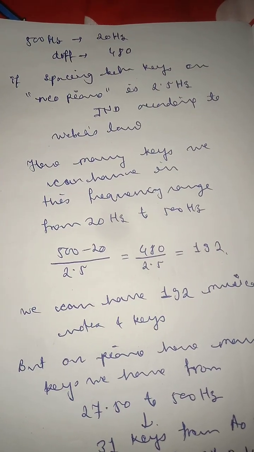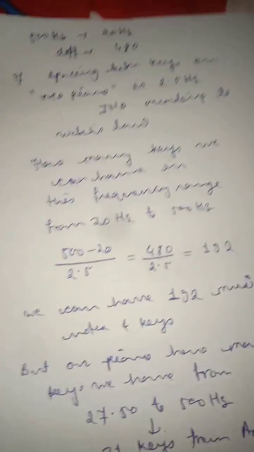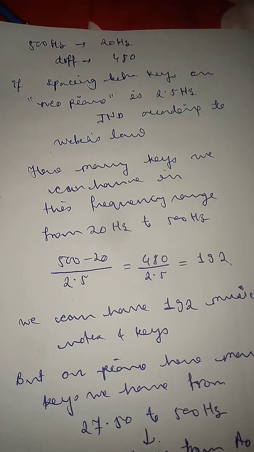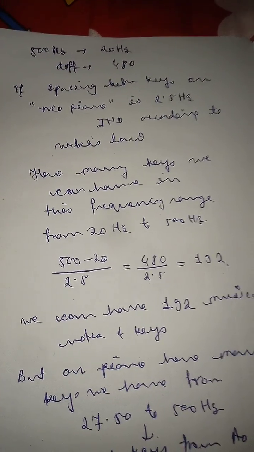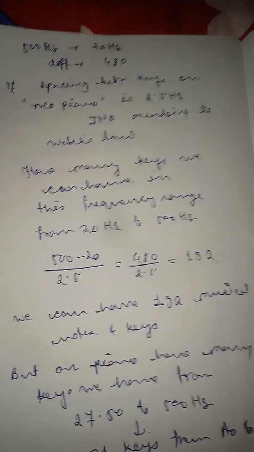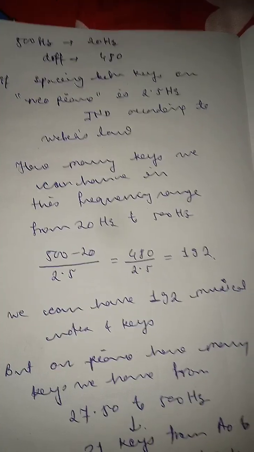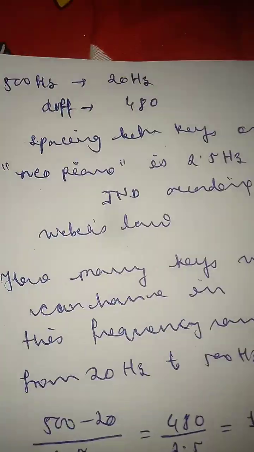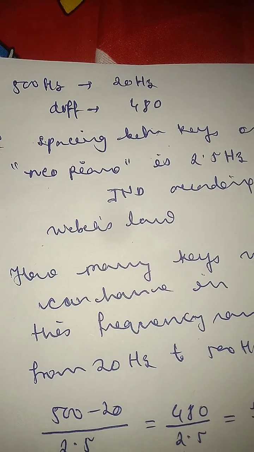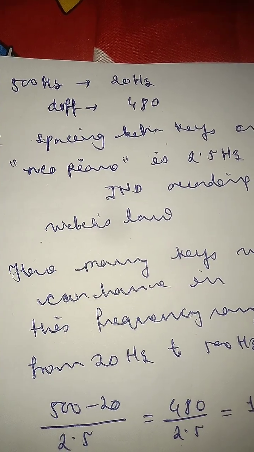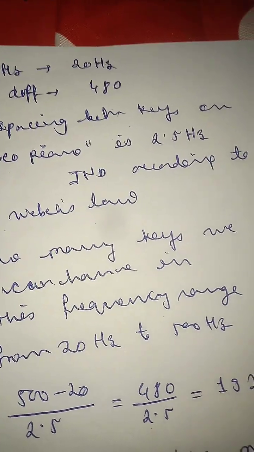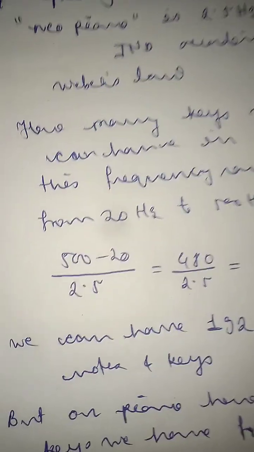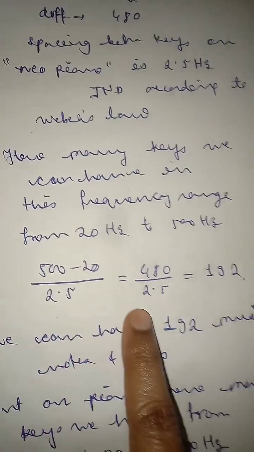So suppose if we want to design a piano or any musical instrument that can cover all the musical notes which can be differentiated by human ears, starting from 20 Hz to 4000 Hz, because beyond that pitch difference ability is low for human beings. So from 20 Hz to 500 Hz, if you want to space the keys by 2.5 Hz, the difference is 500 by 20, divided by 2.5.